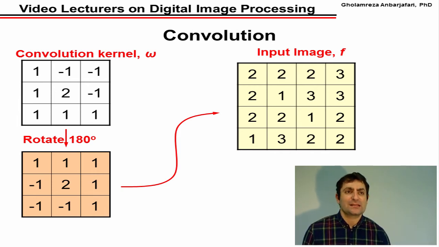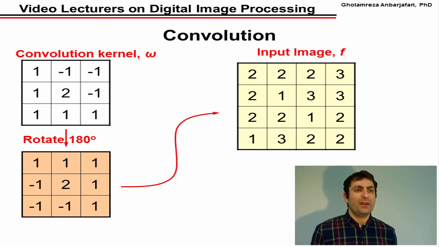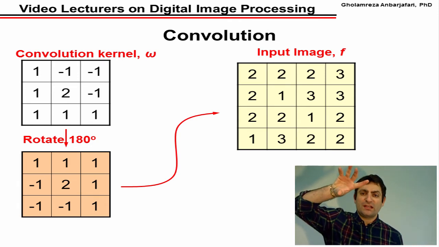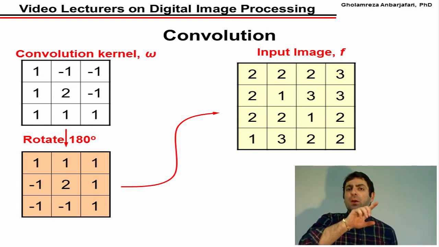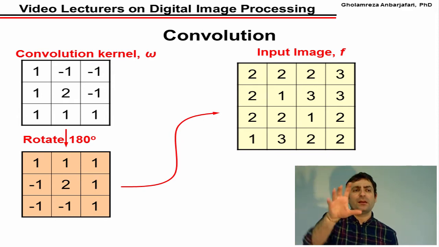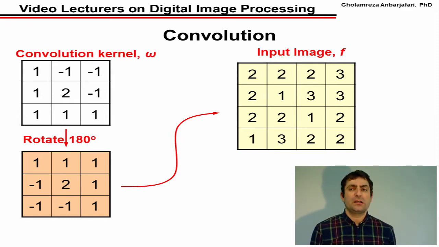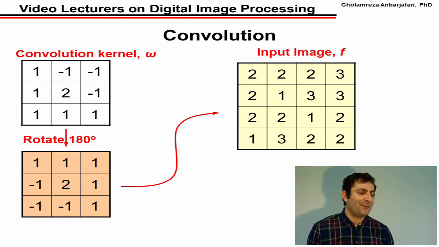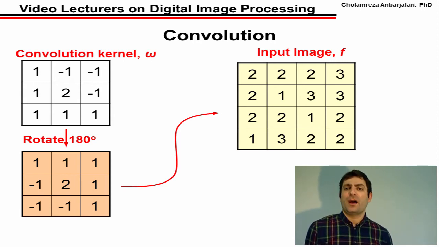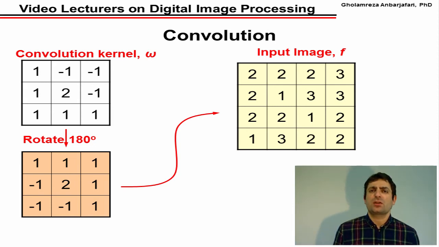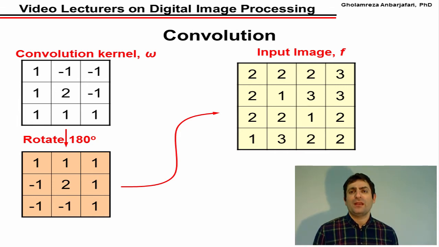So here in this slide we have the convolution kernel W, and we are seeing the rotation of 180 degrees. So it's like the top left corner will go to the bottom right, and correspondingly we are rotating the other values. Remember, in this convolution kernel that we have in this example provided by Gonzalez and Woods, the weights can change. So based on the application we can have different weights.